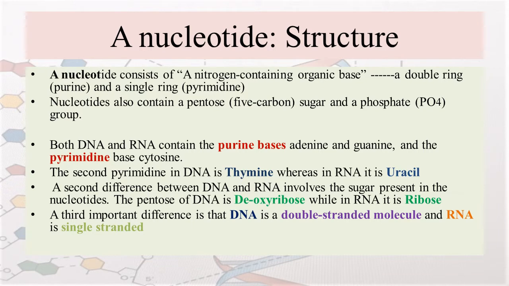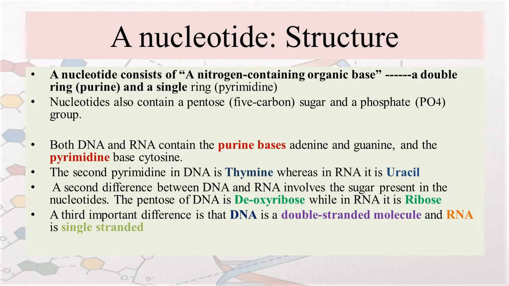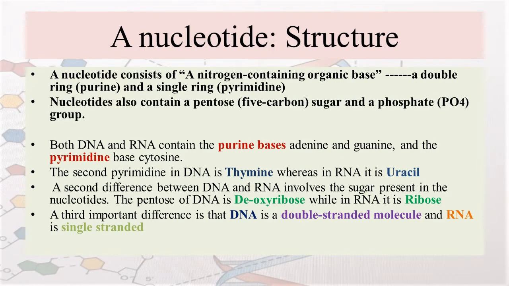A nucleotide basically consists of a nitrogen-containing organic base, a double ring which is known as purine, and a single ring which is known as pyrimidine. Nucleotides also contain a sugar, a 5-carbon sugar, which is called pentose sugar, and a phosphate group.